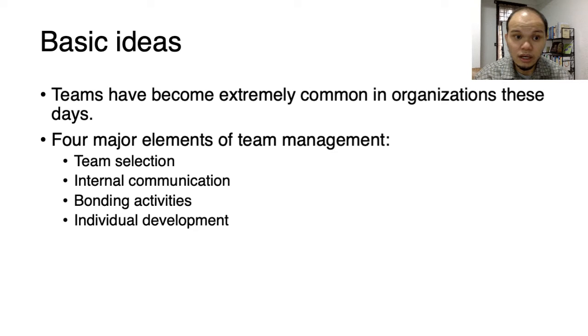So definitely, as a team, you are interested in your team growing, but you are also interested that the members of your team actually grow as well. So we'll take a look at these four things in a bit.